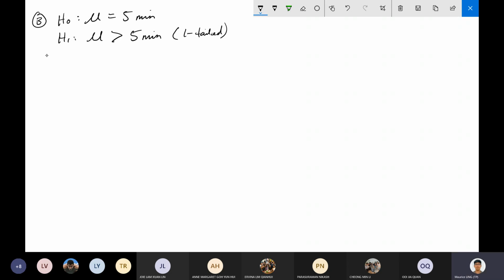So the alpha here, if it's not given, is 0.05. The experiment investigates 100 commuters, and the calculated mean waiting time is 5.5 minutes.